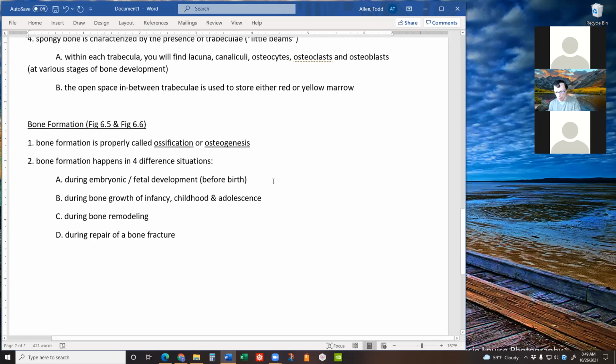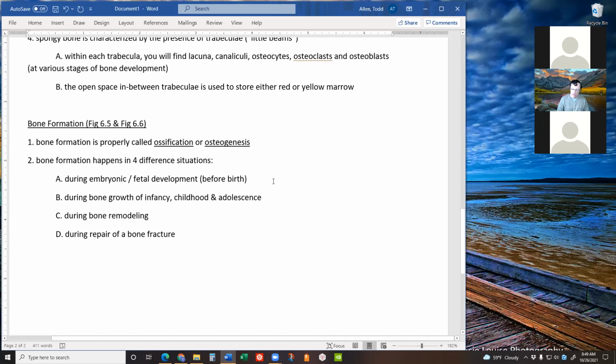All right. So there are 2 primary methods that science believes occurs to build bone in your body, and they are the topics of figure 6.5 and figure 6.6. They are the so-called intramembranous ossification and endochondral ossification.